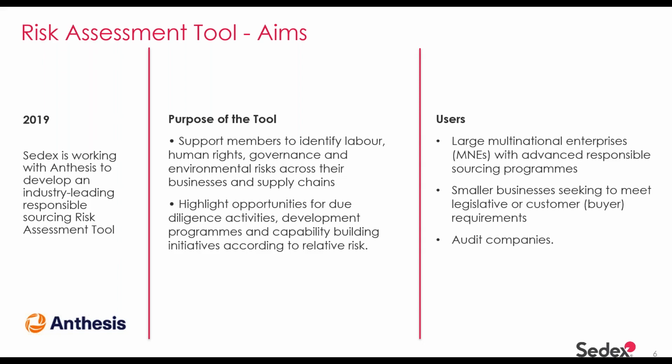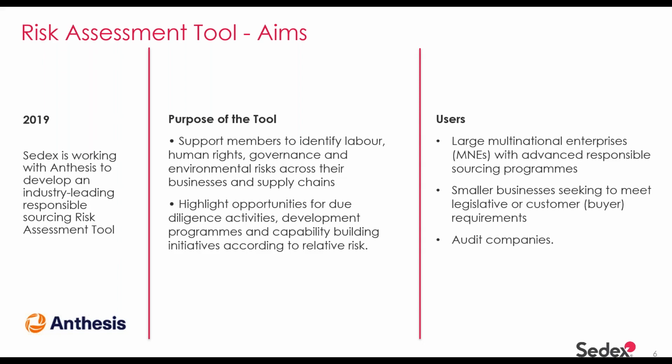So the purpose of the tool is really to support members to identify labour, human rights, governance and environmental risks across their businesses and supply chains. If you joined our webinar last week, where we talked about risk assessment in supply chains, a key point was that risk assessment is not an end in and of itself, it's really a step in a process, with the aim of that process being to highlight opportunities for mitigating those risks.